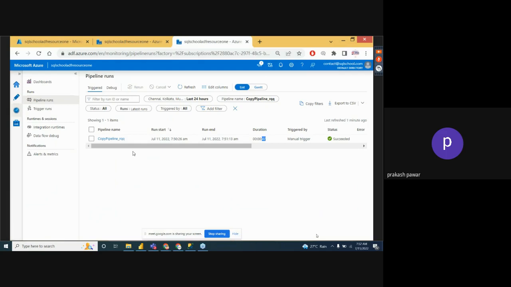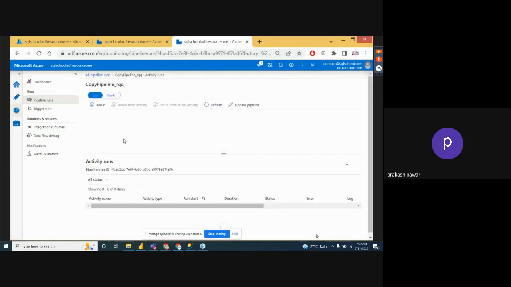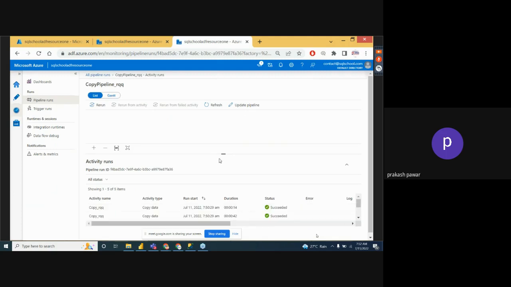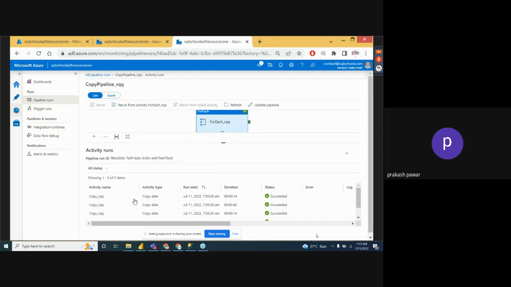Other way: where are we right now? Monitor. Click on the pipeline, and you see one activity. A ForEach activity is automatically available in the pipeline.